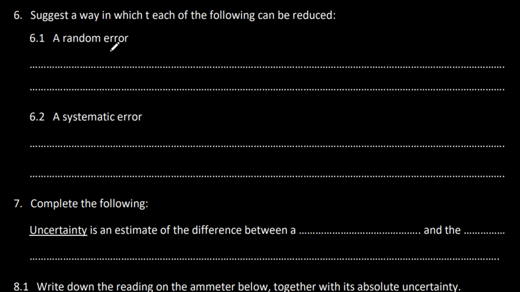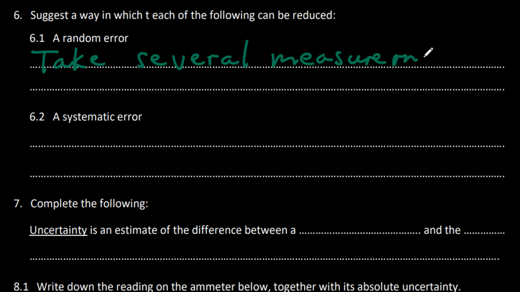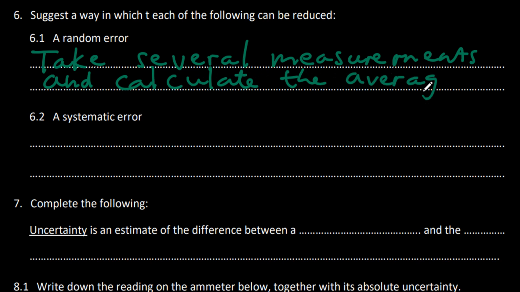We can reduce a random error by taking several measurements, and then calculating an average. So take several measurements and calculate the average.